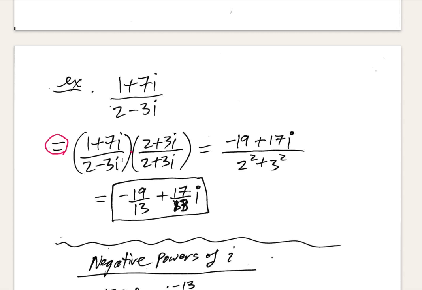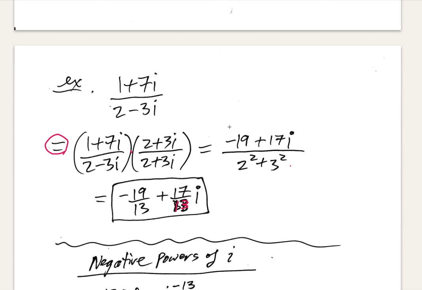Let's go ahead and multiply the denominators together first. That should be 2 squared plus 3 squared. Okay, positive real numbers, no negatives, no i's. That's actually 13. I wrote this wrong here and then wrote over it and it looked kind of ugly, but there it is.